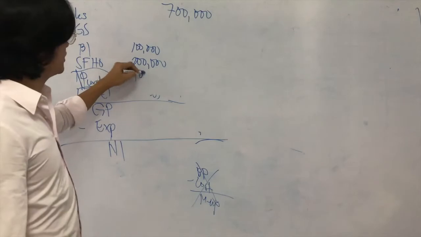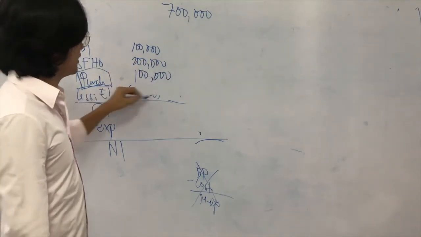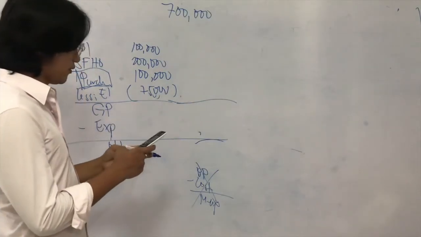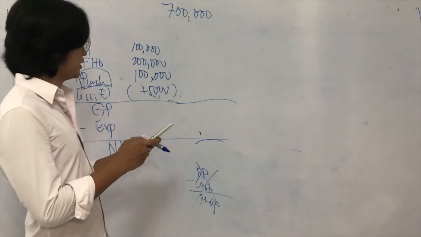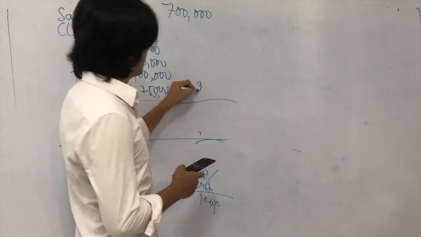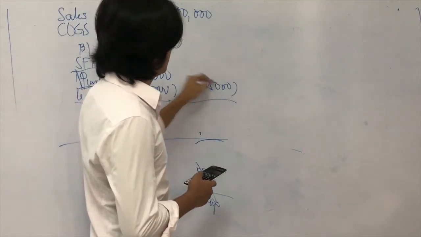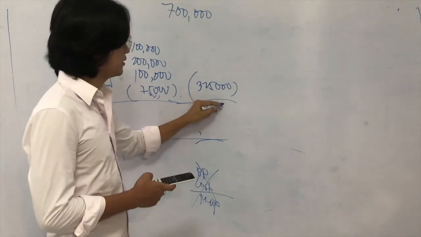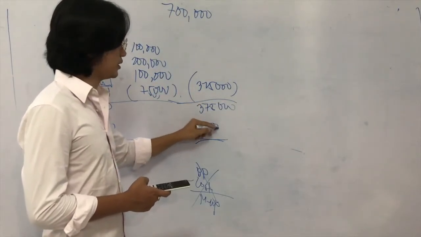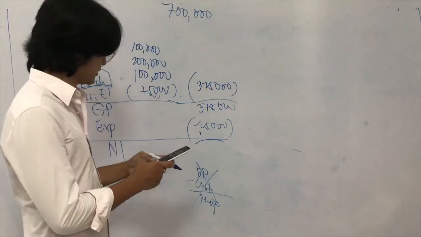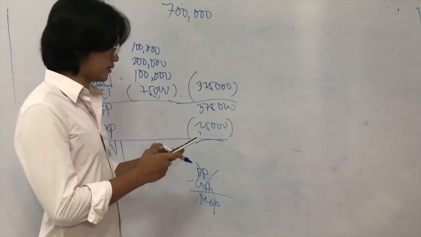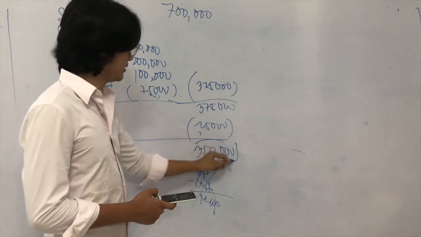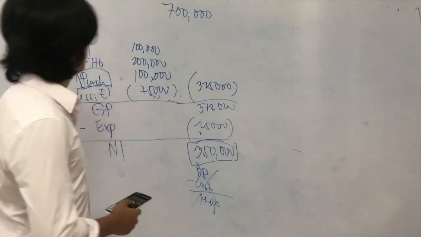So we have 100,000, ending inventory 75,000. And so you have 100 plus 200 plus 100 minus 75, 325 for your cost of goods sold. Gross profit 375, less expenses of 25,000, we get 350,000.